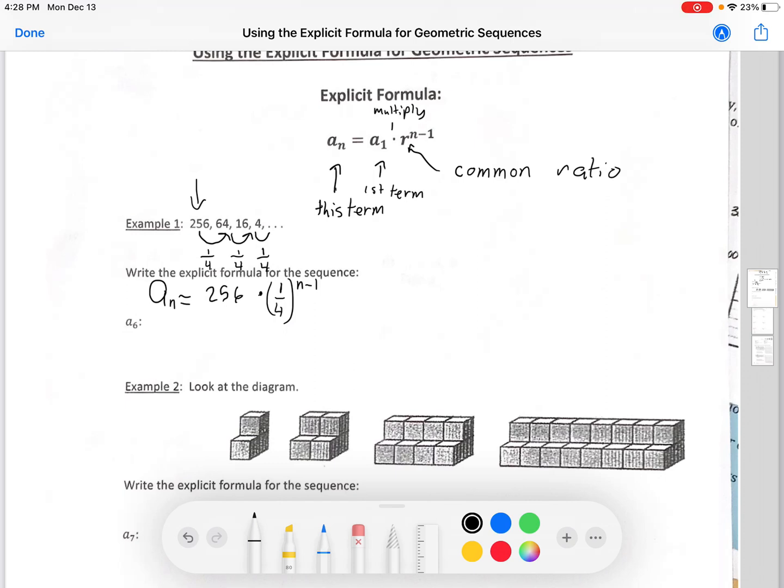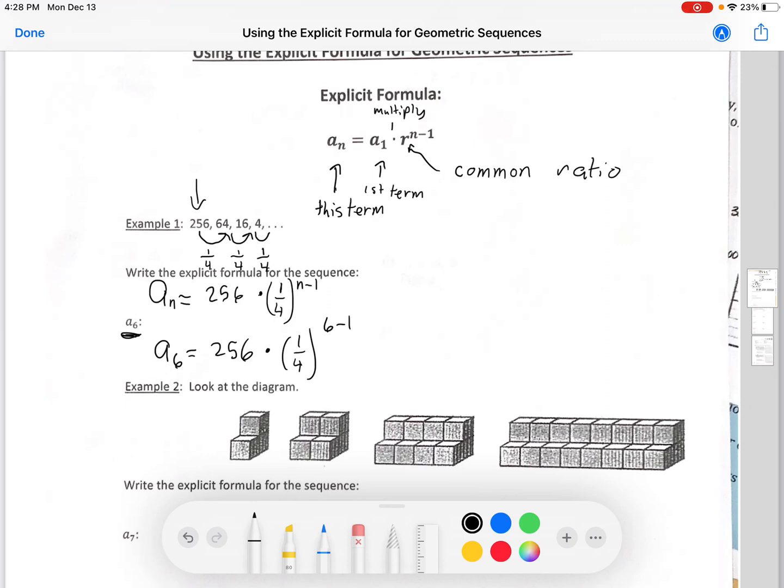Let's go ahead and find our next term. It wants us to find A6. So A6, we replace the n with 6, is going to equal 256 times 1/4 to the 6 minus 1. Once again, we have to be smarter than our calculator on these particular problems.